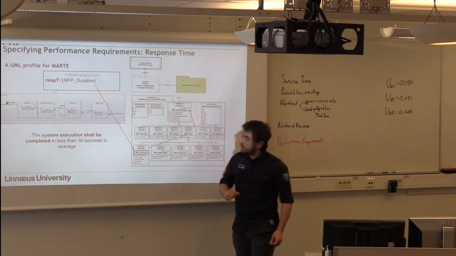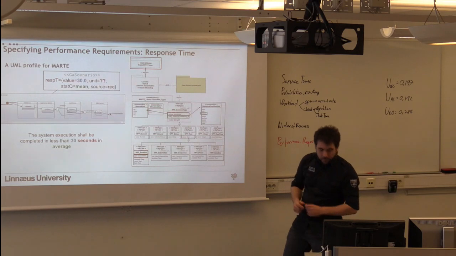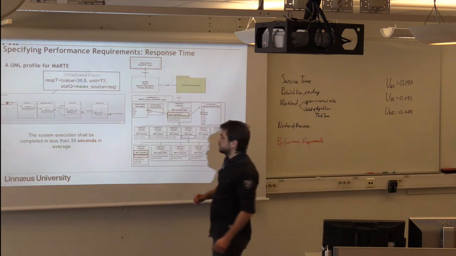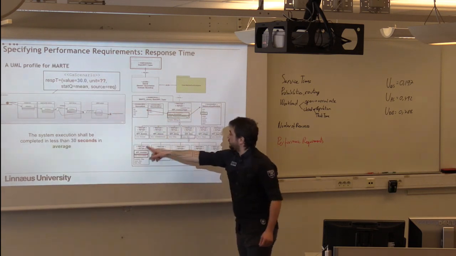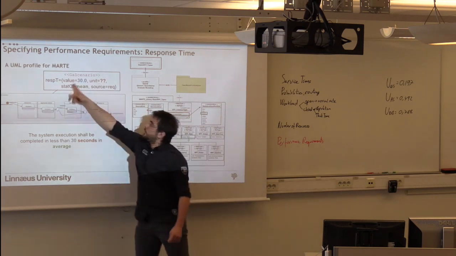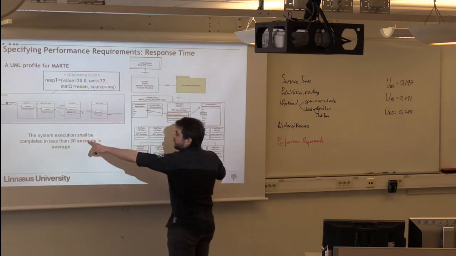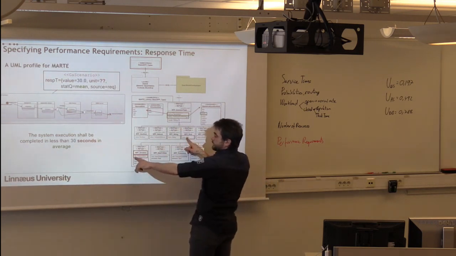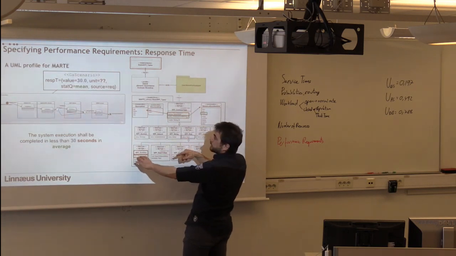So let's see how we can represent these 30 seconds in average. This 30, we will use the value attribute of the real. So like response time value 30. For seconds, we have here the attribute unit, that is time unit kind, and I will show later the possibilities.